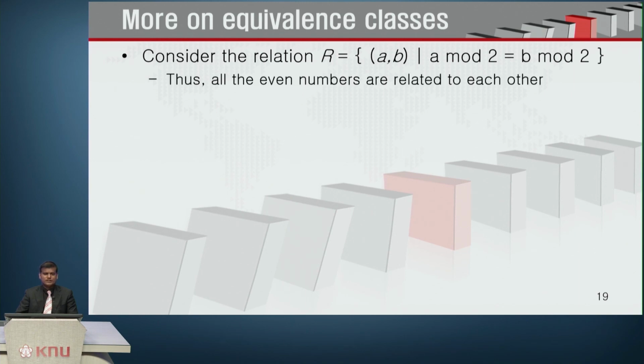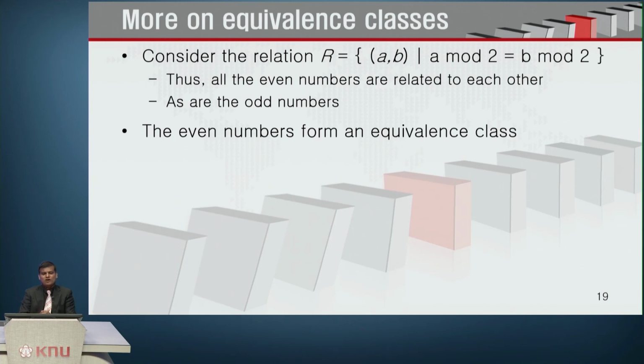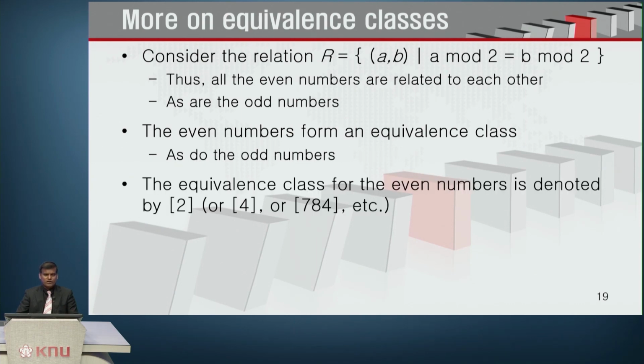If you consider the relation R on the set of pairs a, b such that a mod 2 equals b mod 2, then all even numbers are related to each other, as are all odd numbers. So even numbers form an equivalence class, and so do the odd numbers. For example, the equivalence class for even numbers is denoted by 2, or 4, or 8, or any even number.